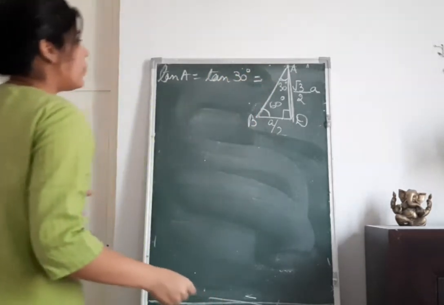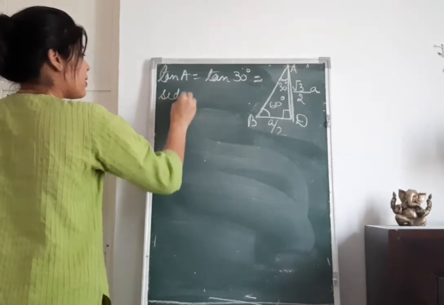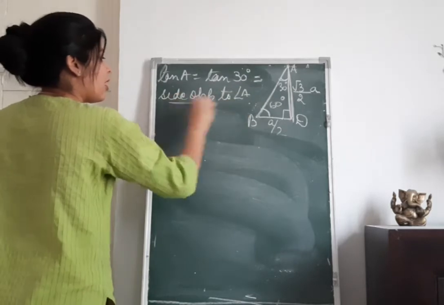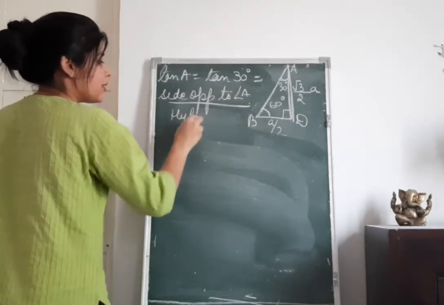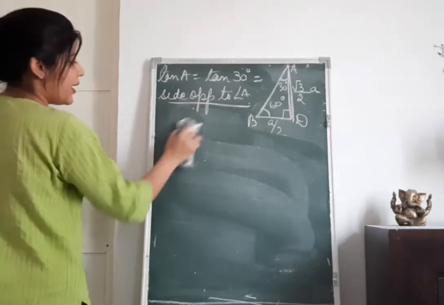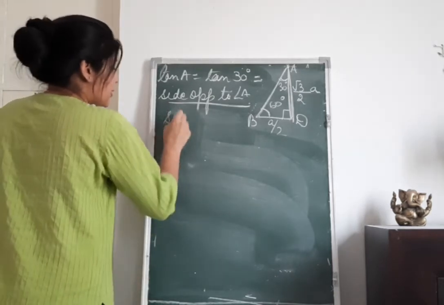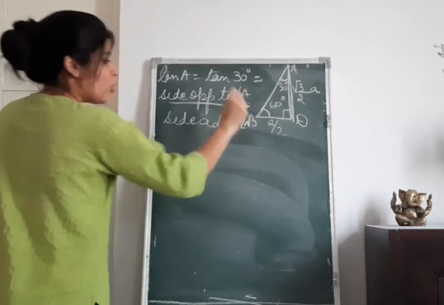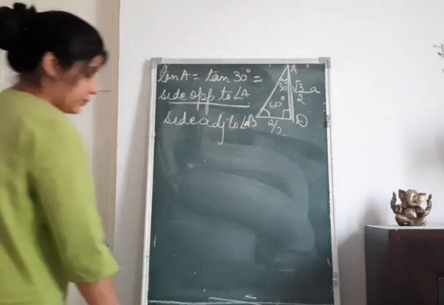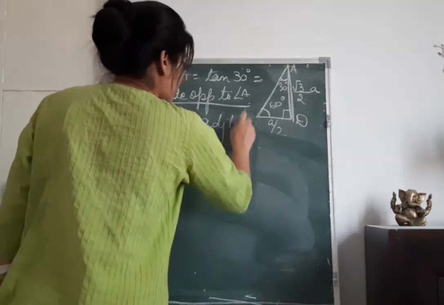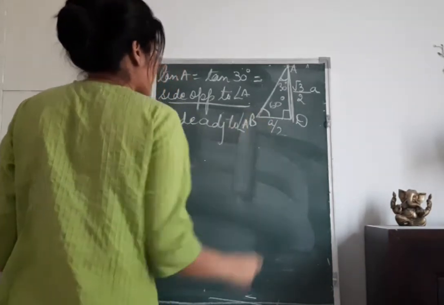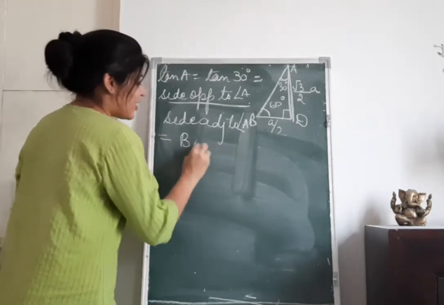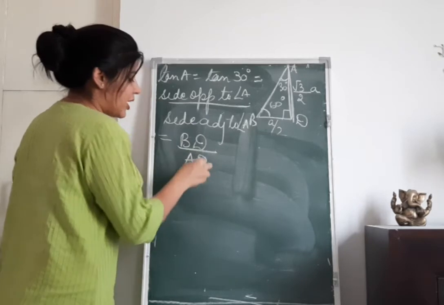That will be equal to side opposite to angle A upon side adjacent to angle A. Which side is opposite to angle A? BD. And which side is adjacent to angle A? AD. That is BD upon AD.